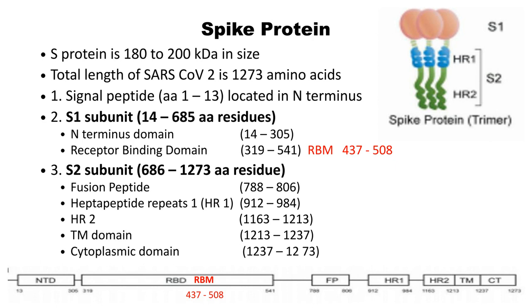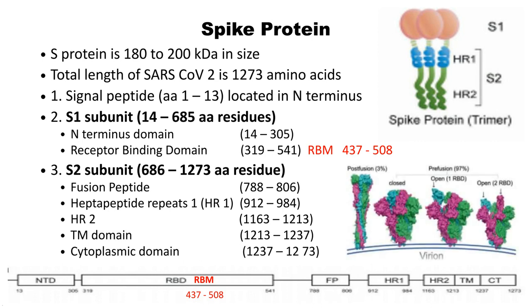It was also seen that the spike protein is actually a trimeric protein. And the trimers appear to exist in closed or open form. When it is open, then they have more affinity for the ACE2 receptors.